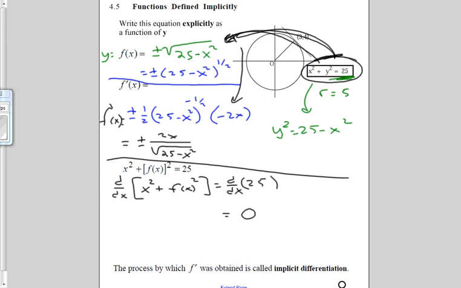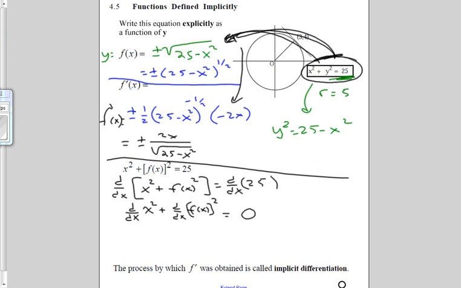Looking at the left-hand side, let's distribute that derivative, because we know that we can distribute it across addition and subtraction. So the derivative of x squared plus the derivative of f of x squared.